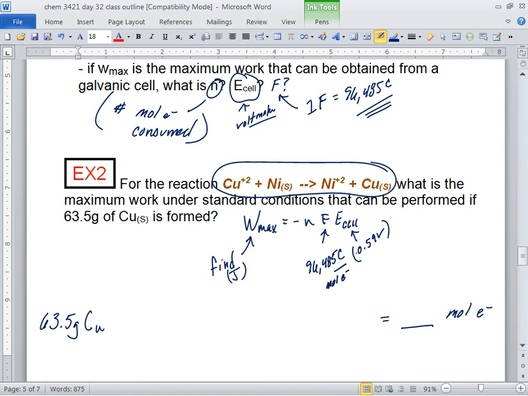Because 1 mole of electrons is this many coulombs. 63.546.